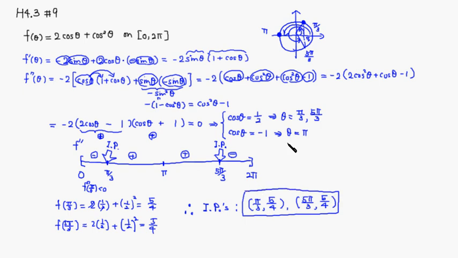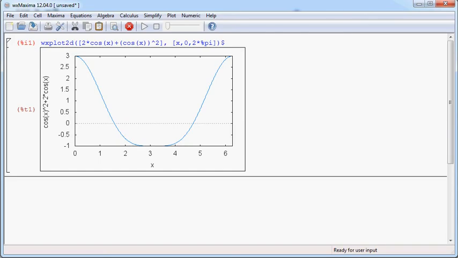All right, let's just use the software to sketch the graph and see if it agrees with what we have. So here's the picture. Right? So you can see that around pi over 3 there's an inflection point because you have concave downward here, and then you have concave upward.